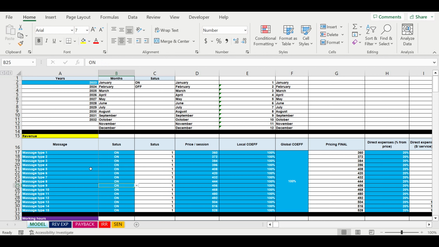Then when we start our financial model, we create the list of different types of massage that we are going to offer to our customers.